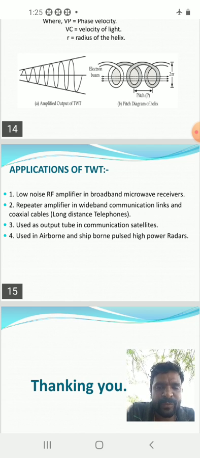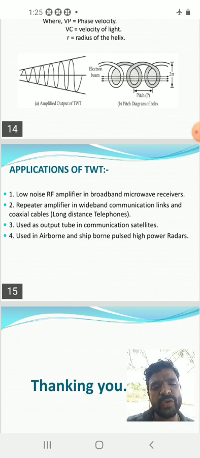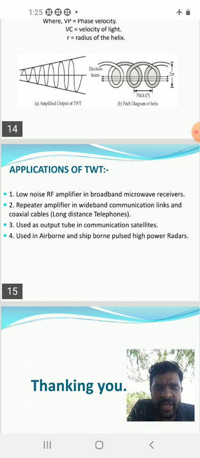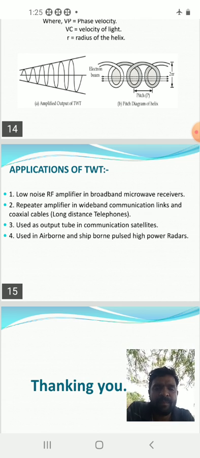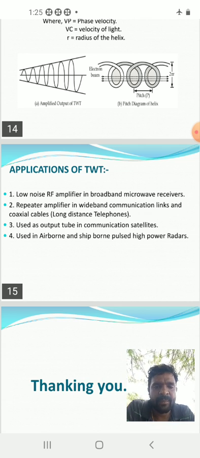They are used in airborne and shipborne pulsed high power radars. That means traveling wave tubes are used in radar communication like airborne and shipborne purposes, satellite communication, long distance telephone communication, and RF amplifiers in broadband microwave receivers.